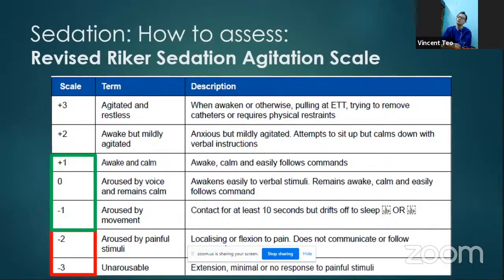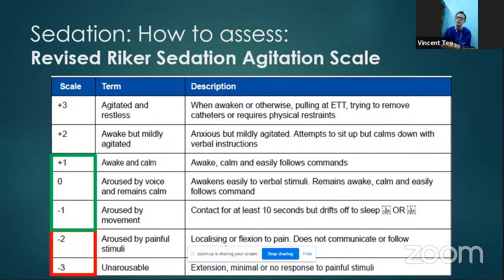The purpose of using validated tools is mainly so that we standardize, so that we understand each other when we mention something such as the patient is in deep sedation, Riker -3.